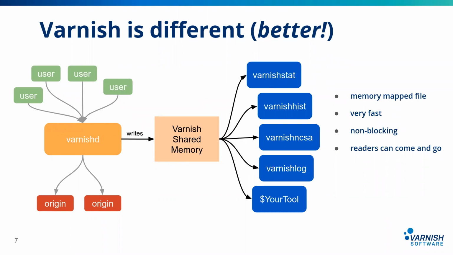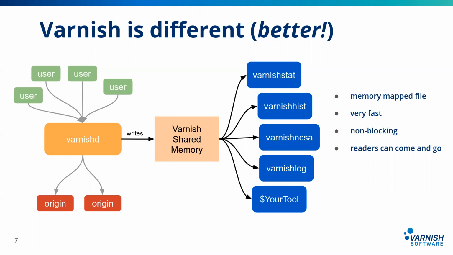On the other side, on the right of that diagram, you can see that we have multiple readers. They are going to basically watch that Varnish shared memory space and extract information as they see fit, possibly format it, and then export it, generally as the old way, to the standard output or to a file or a syslog facility.